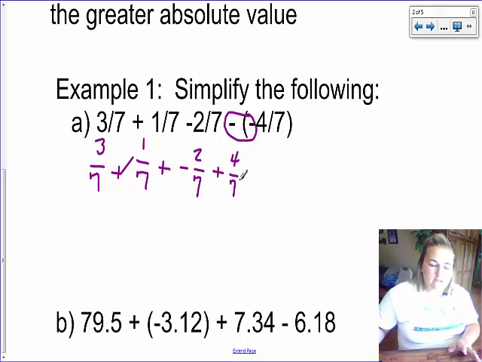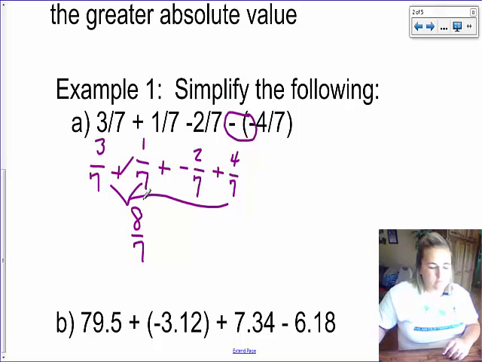So it wants us to add all of the terms that have the same sign first. So I have positive here, here, and here. So 3/7 plus 1/7 is 4/7. Plus 4/7 is 8/7. You can show that all of those three came together, and then bring down that plus negative 2/7.